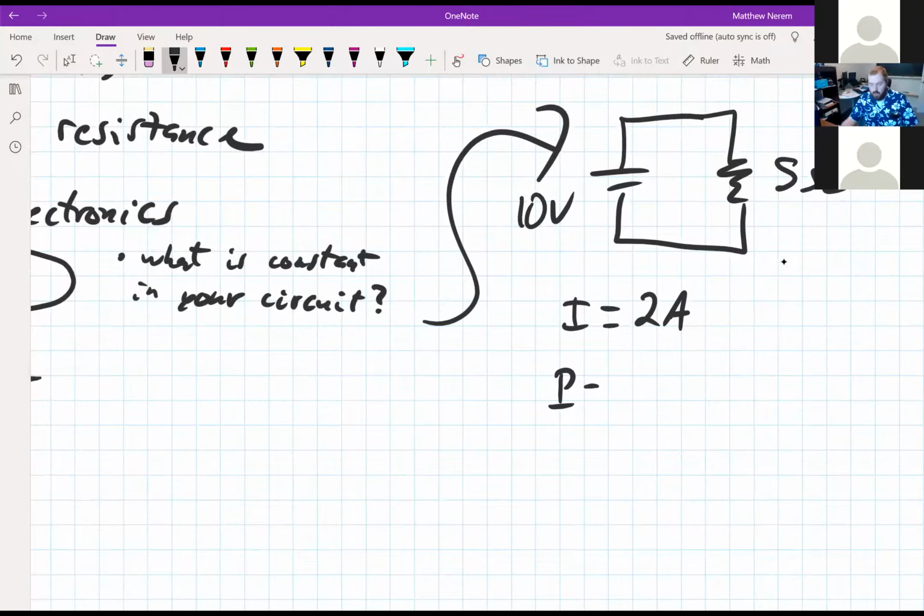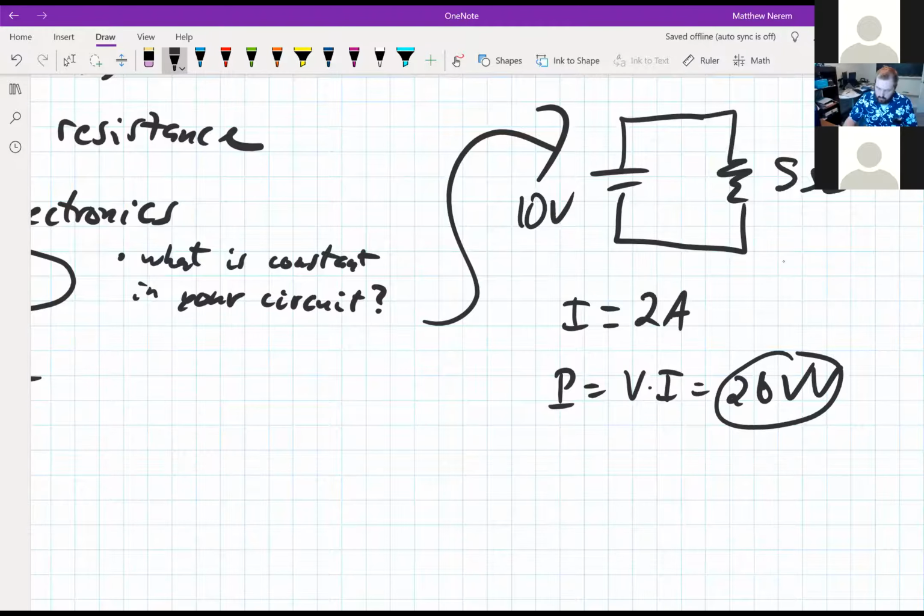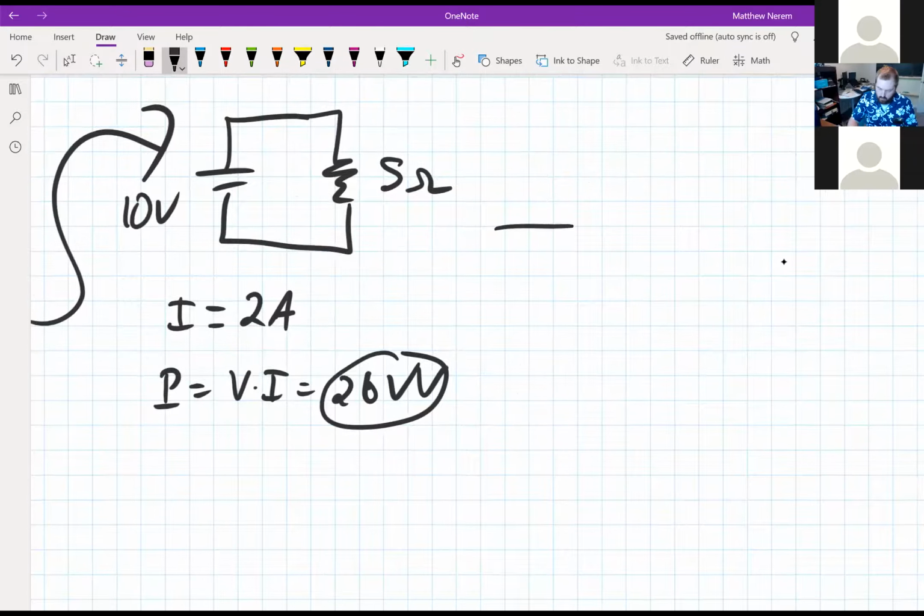All right, power. Well, everything's equivalent. I can use whatever parts I want. So I'll just go with the easy one. I'll say V times I, and I'll get 20 watts consumed.